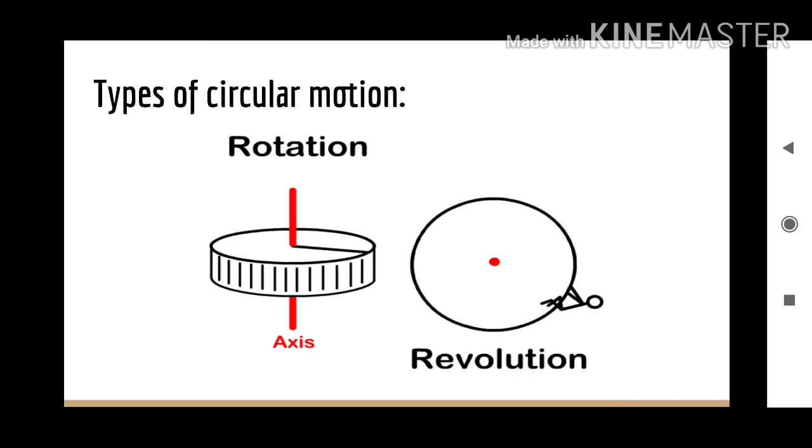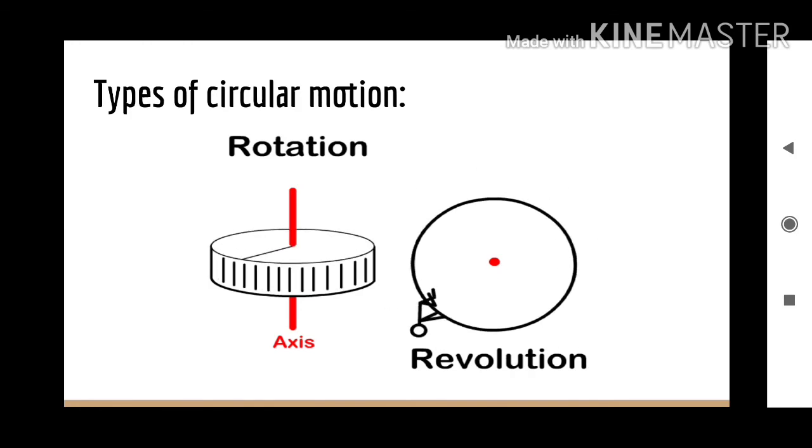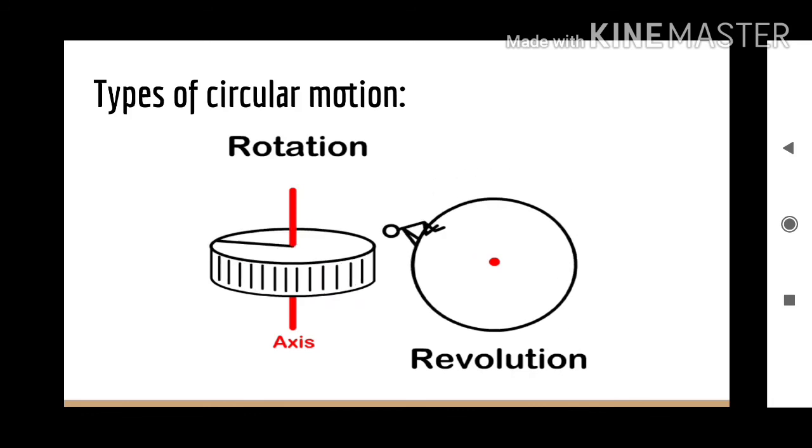But the difference is, in a rotation, the body is moving around itself along a particular axis. The red line in the left side figure is the axis, and the body is moving around that axis.